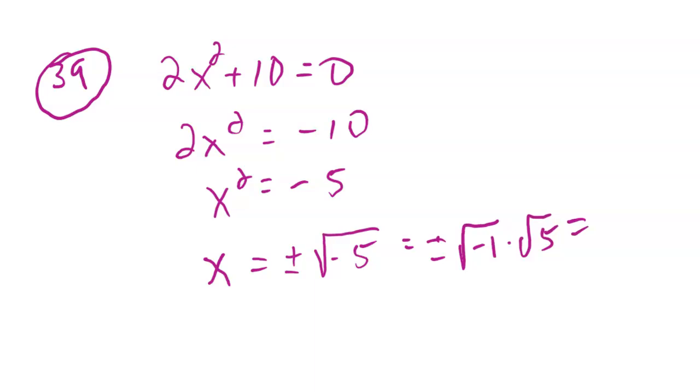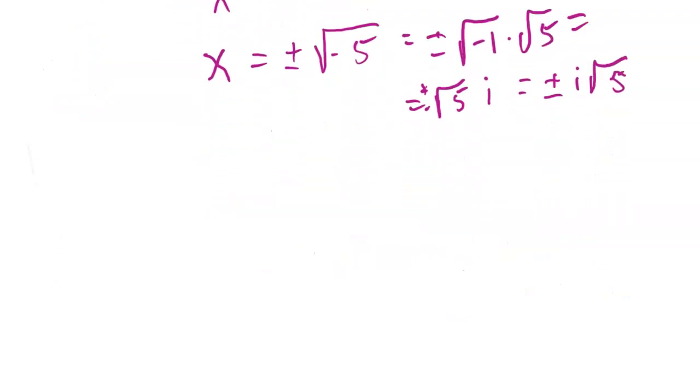The square root of 5 is not big enough to come out of the square root, so this turns out to be the square root of 5 i, plus or minus. We technically write, when we're working with square roots, we technically write the imaginary part like that. But it doesn't matter. Same thing.